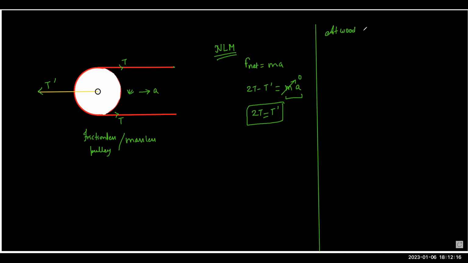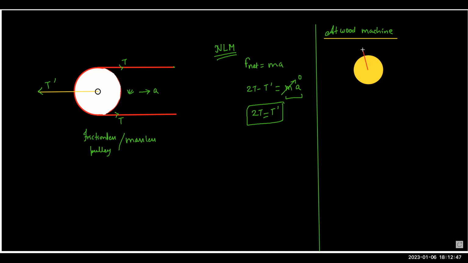So we have something called the Atwood machine. Now the Atwood machine is nothing but a regular pulley, and it is suspended from some support.